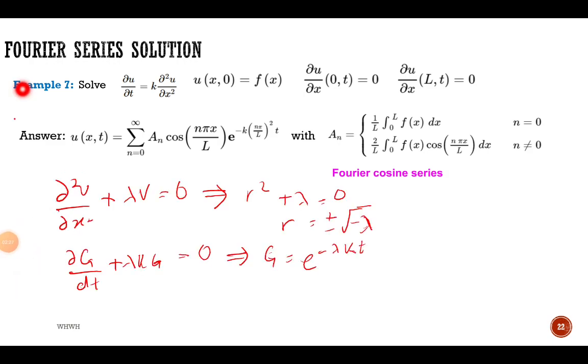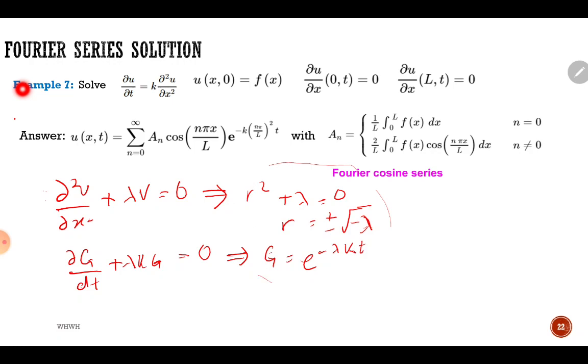So here I have written the same answers that we will use for example 7, where we get all these answers we have worked out in example 5 before. The same answers, where we do the separation of variables, previously in example 4 part 1, and for this part we got the answer from example 5.